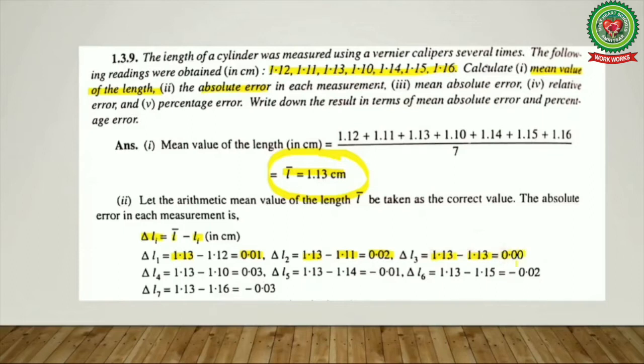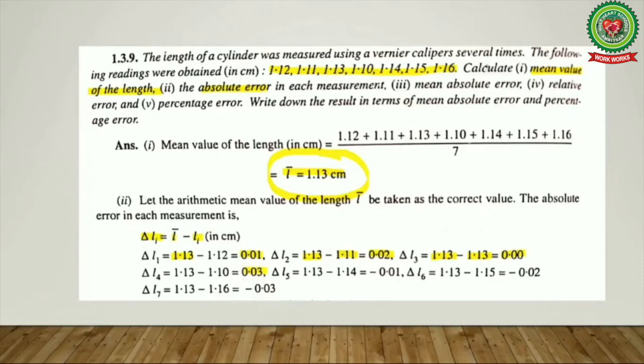There is no absolute error. Come to the fourth reading. 1.13 minus 1.10 gives 0.03. This is the fourth absolute error.